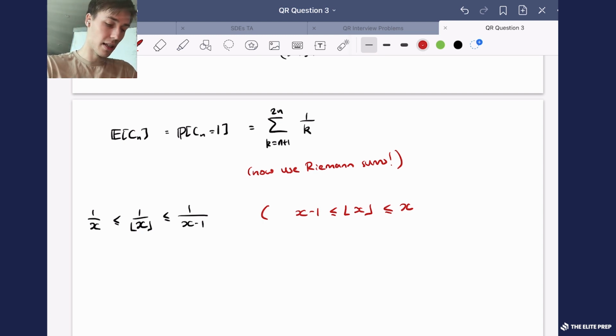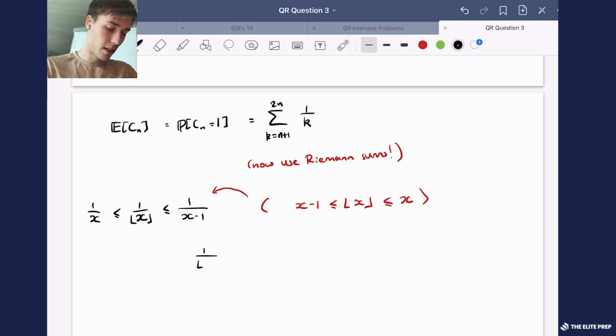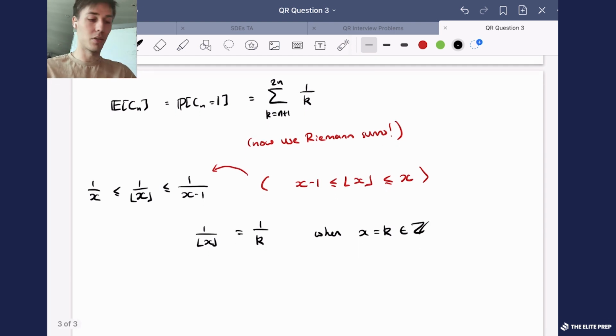So we do this, and then this results in the opposite direction being true for the inverse. And we know that 1 over x is equal to 1 over k when x equals k belongs to the integers. And that's what we now want to use.